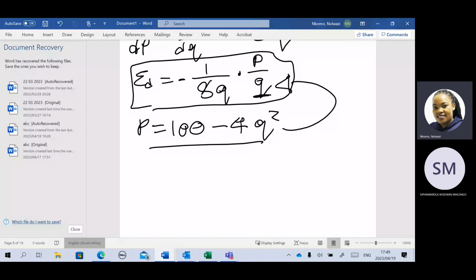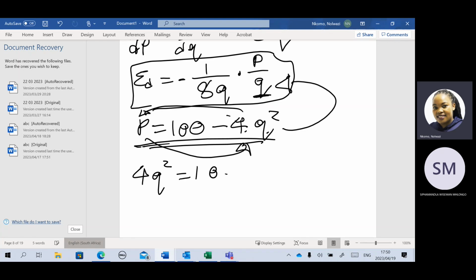Okay, so let's do that. I want to make Q the subject of the formula. First, I will transpose 4Q squared to this side and P to this side. If I do that, I will have 4Q squared equals 100 minus P, right?